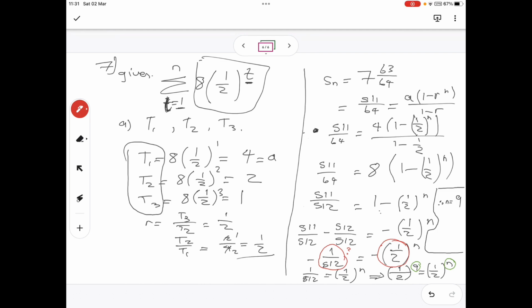In worked example 12. Please explain to us. I think I made a mistake. I put 1 over 512 and then I factorized it, and it gave me maths error.